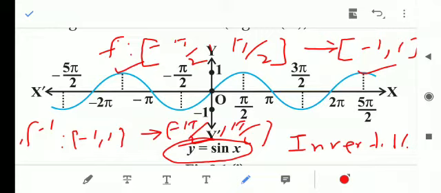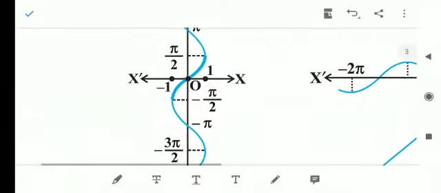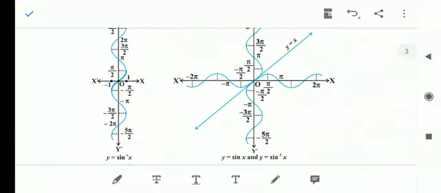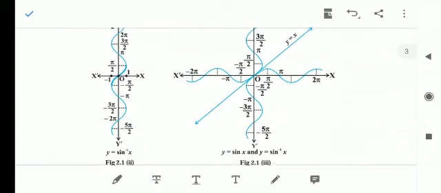So the inverse function will be from minus 1 to 1 to minus pi by 2 to plus pi by 2. So the inverse function has minus 1 to 1 as the domain, and minus pi by 2 to plus pi by 2 as the range. So let us consider this function, y equal to sin inverse x. We are plotting a curve.